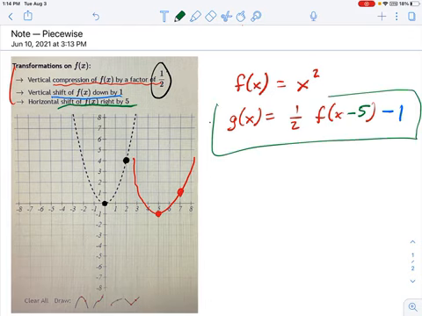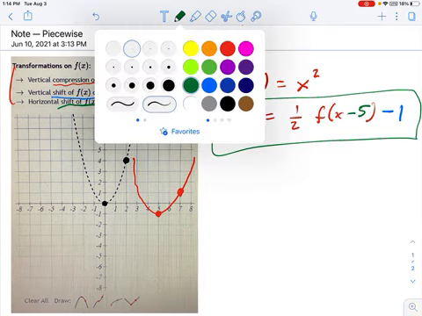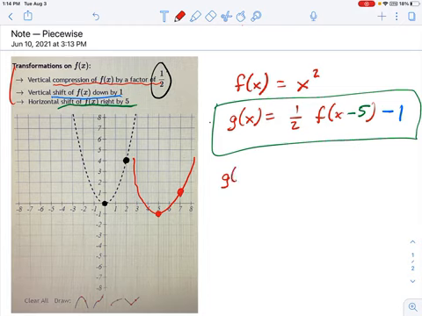Okay, that's one thing this graph wants. If you were to scroll down there, that's one of the other things it's asking for. And then it wants to know the equation for g of x, not using function notation. Here, let's back up a little bit. What is this f of x minus 5?